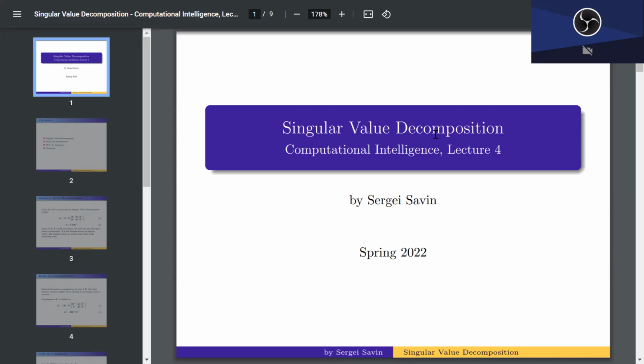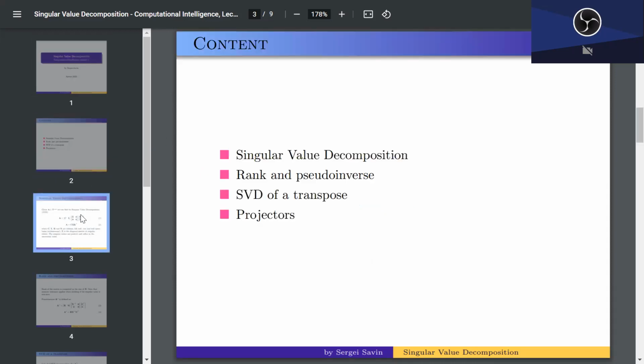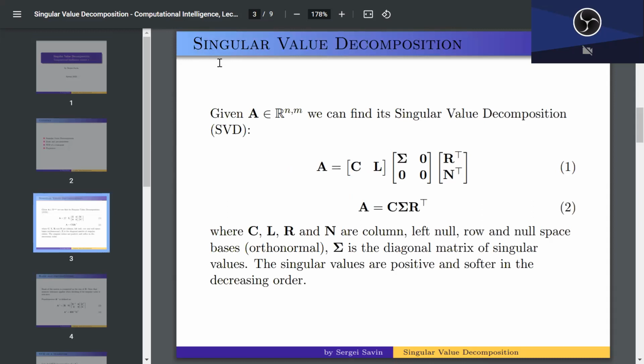There are many ways, but don't judge the thing itself by how it's taught. What I'm going to talk about now is not all there is to SVD. SVD is a rich topic. All right, let's jump into it.